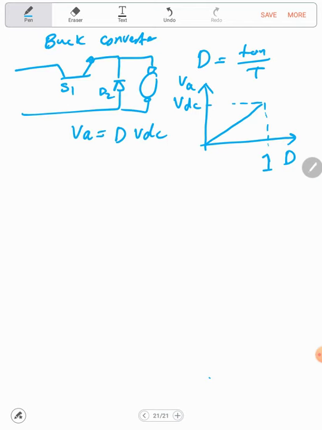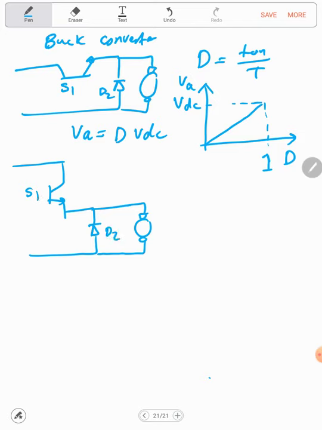For the negative current, let me plot it here, and let me use different colors. This will be S1 and D2, and this will be S2 and D1.